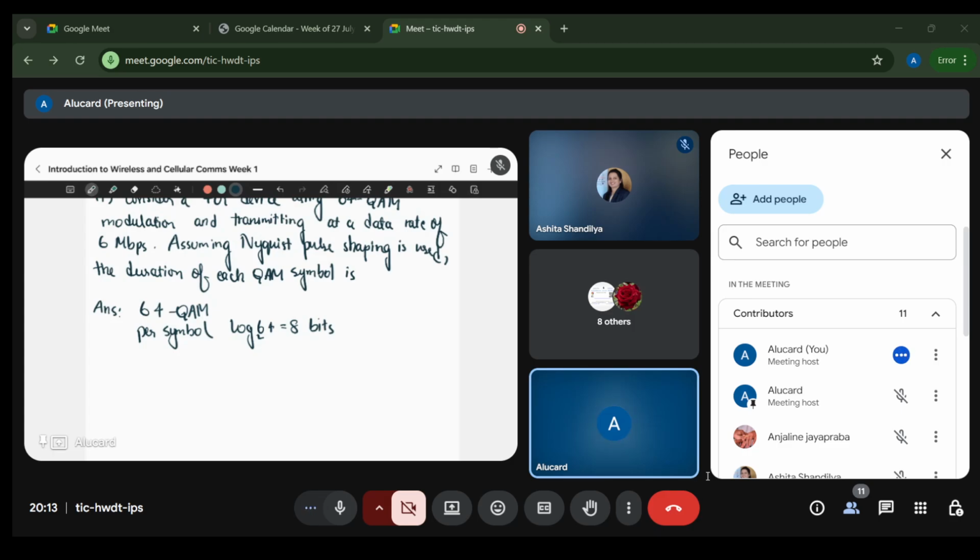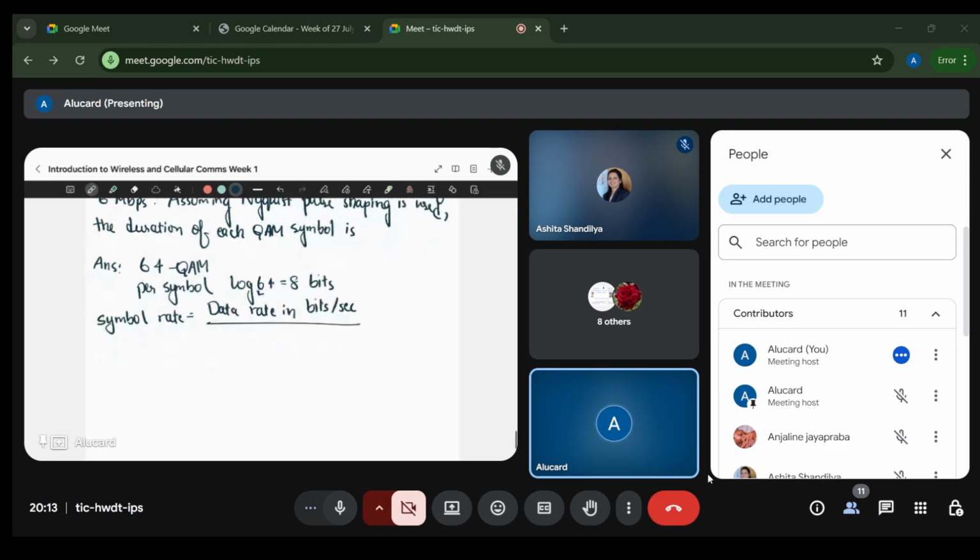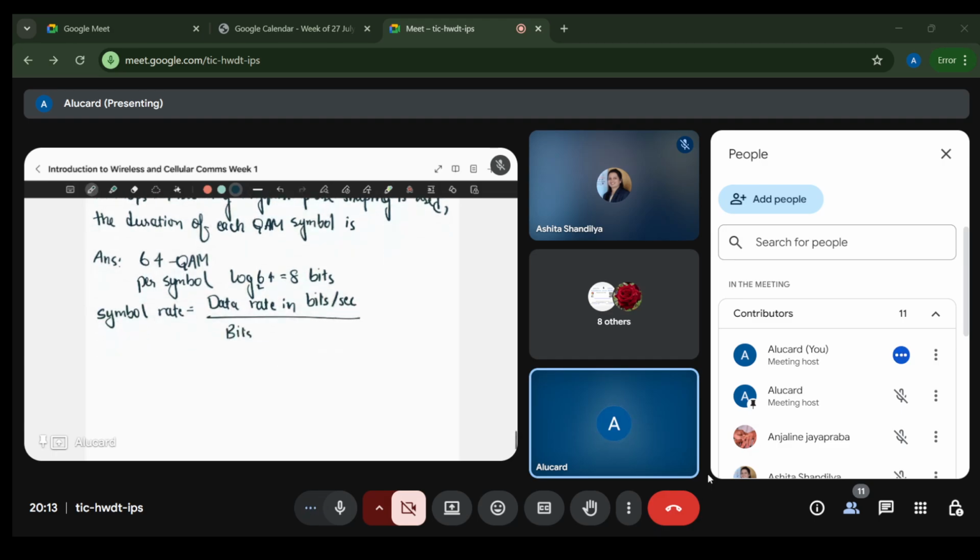So the symbol rate is the data rate in bits per second divided by the bits per symbol.